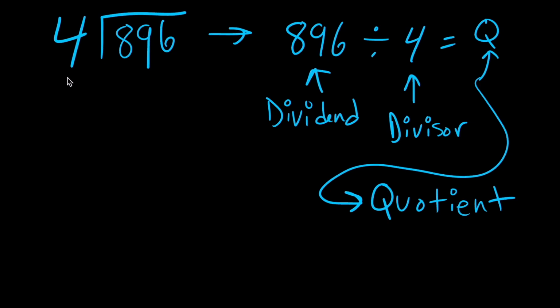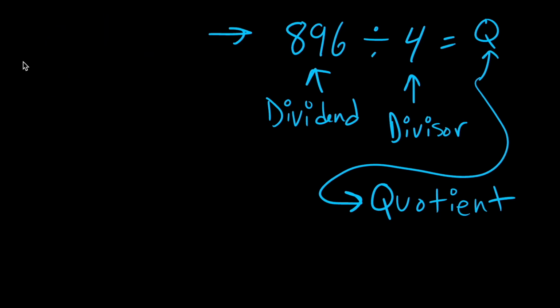The first thing you need to do is see how many times 4 can fit into 8. That would be 2. Let me make some room here. 4 divided by 896. So 4 goes into 8 how many times? 2.